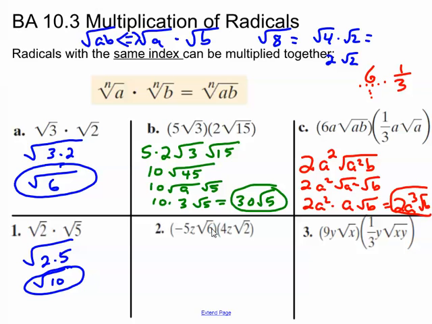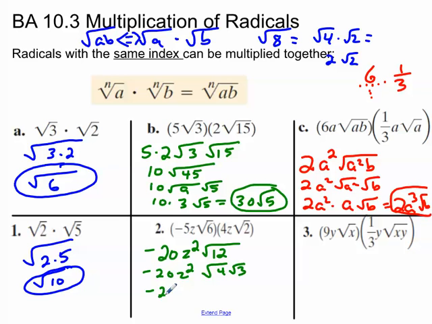All right, question number 2. I'll put it in green to be consistent. Negative times a negative, negative times a positive: negative 5 times 4, 20. Again, multiply everything outside the house first. Z times z, z squared. Inside the house, the square root of 6 times 2, 12. Done? Not quite yet. 12 could be simplified. Negative 20 z squared times the square root of 4 times the square root of 3.